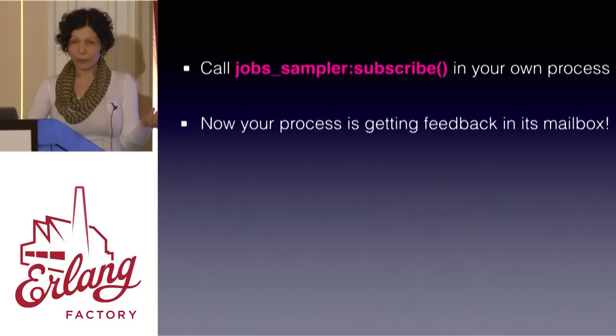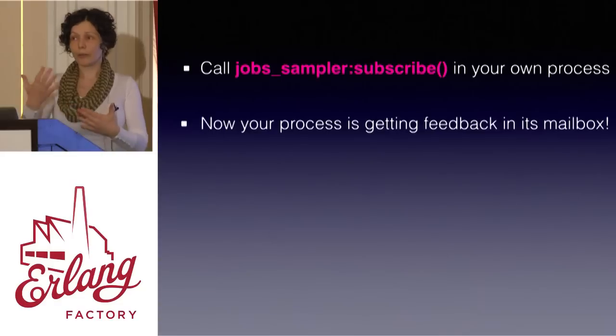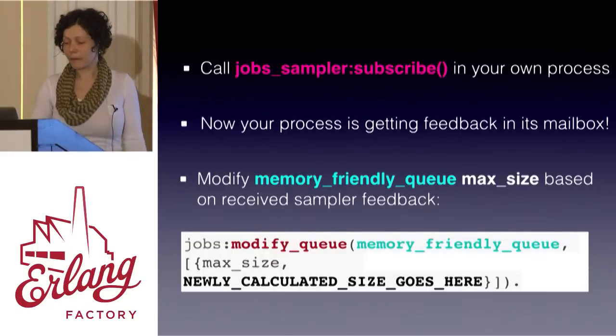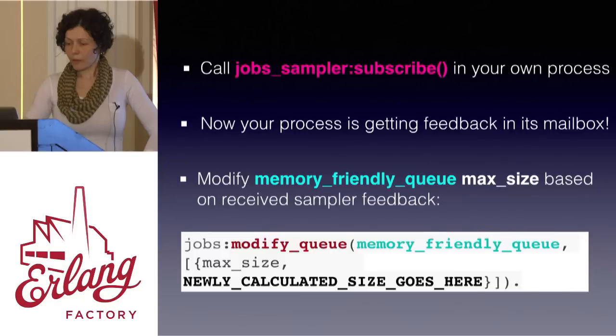And now that we get the feedback, so we know what the sampler framework is giving us, we can simply adjust the memory-friendly queue size on the fly. Hope that makes sense so far.